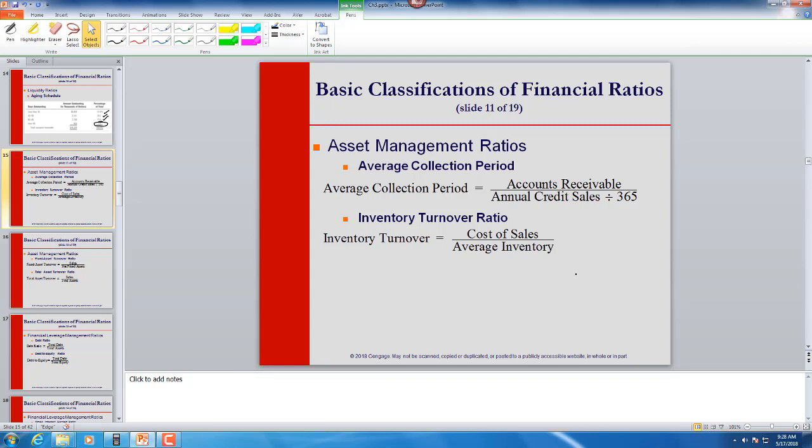So what you look for is how long it takes for you to collect your money from your customers that you have sold to on credit. And the way to calculate it is take accounts receivable divided by daily credit sales. Now, how do you get daily credit sales?